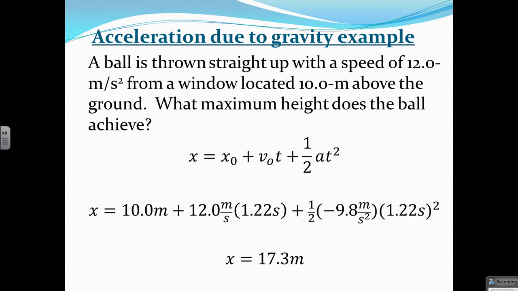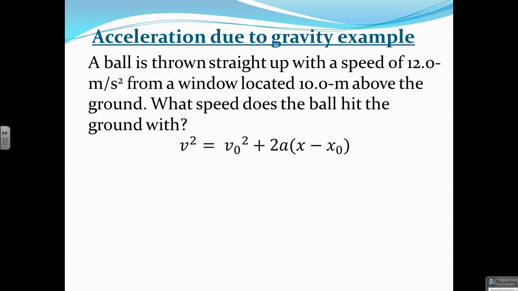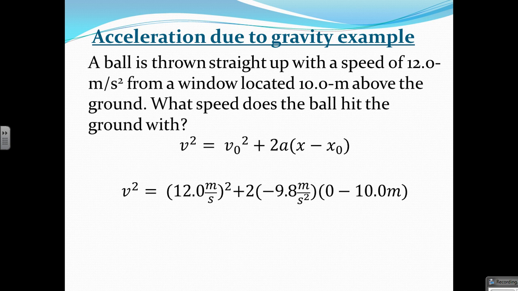And finally, we want to know what speed the ball hits the ground with. In this equation that I've just pulled up, the velocity final squared is equal to the velocity initial squared plus 2a times the change of position. If we're looking at this, our initial velocity is 12 meters per second, and our acceleration is negative 9.81. Our initial position, say, is 0.